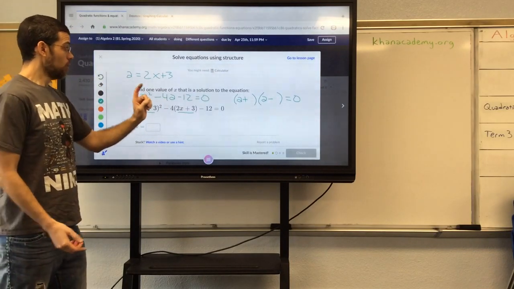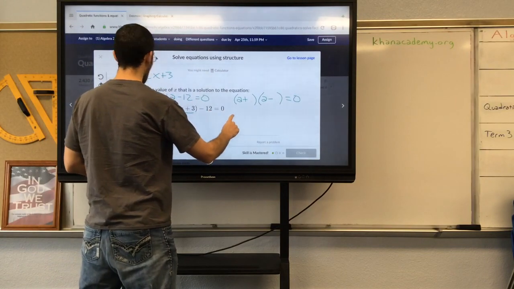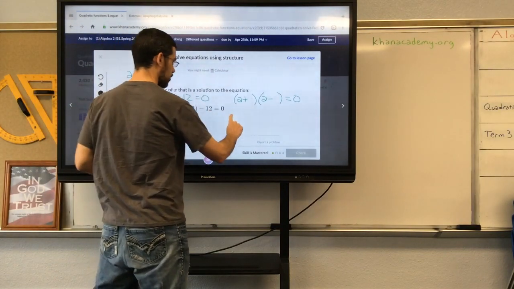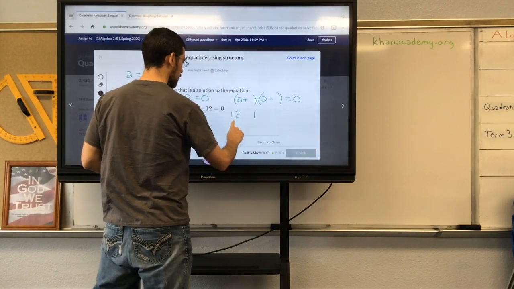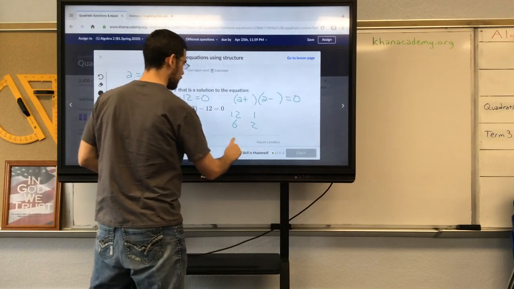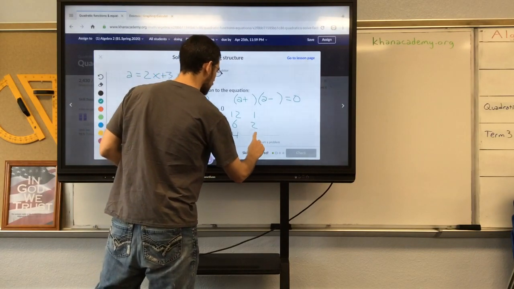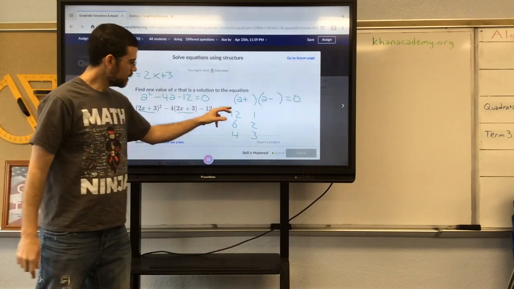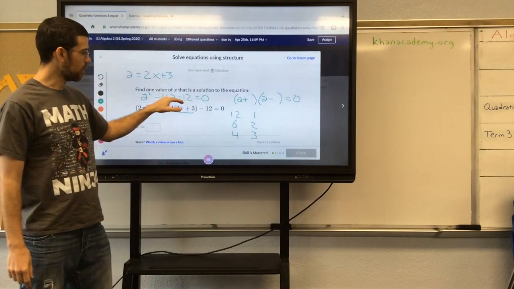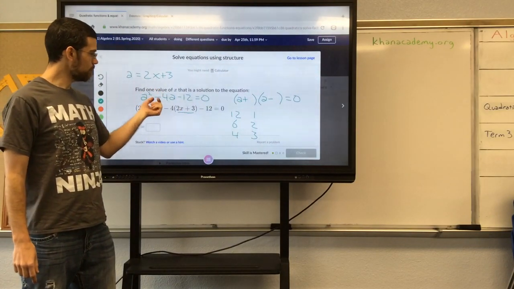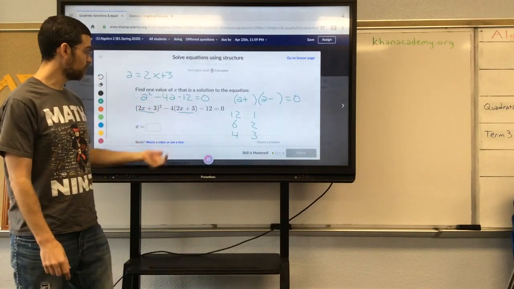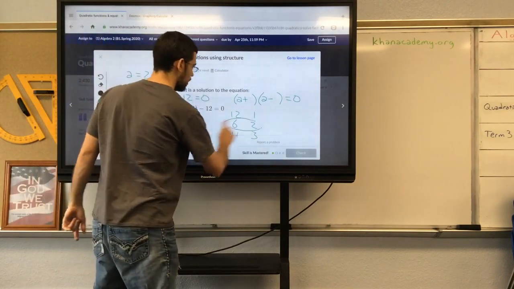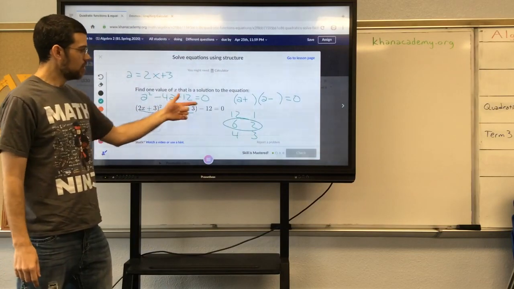So what are our options? We can write factors of 12 are 12 and 1, 6 and 2, 4 and 3. Any of those sets will work for the product, but the difference between the two numbers has to be 4. This one has that.